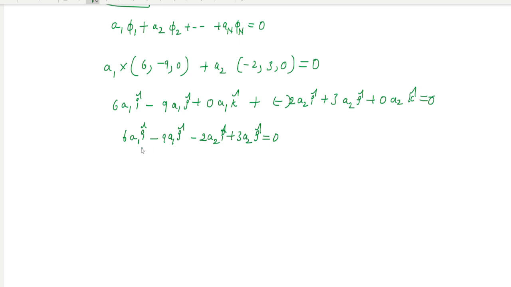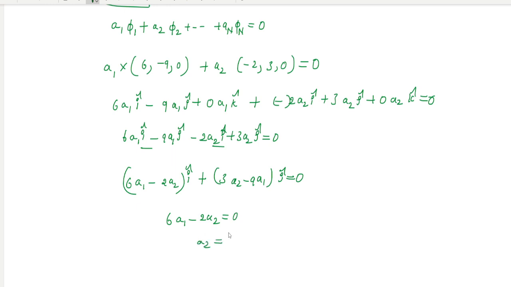So here i cap is there, here i cap is there. 6 a1 minus 2 a2 i cap plus 3 a2 minus 9 a1 j cap is equal to 0. 6 a1 minus 2 a2 is equal to 0, then a2 is equal to 3a1, right?